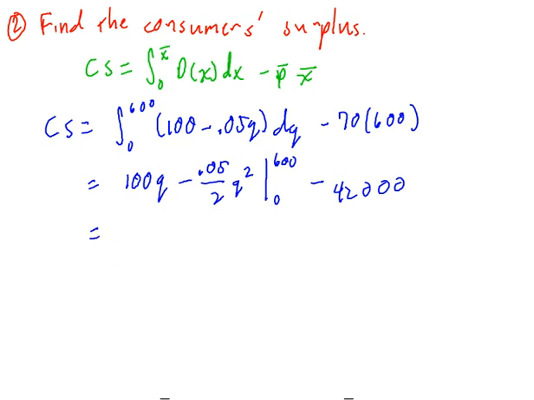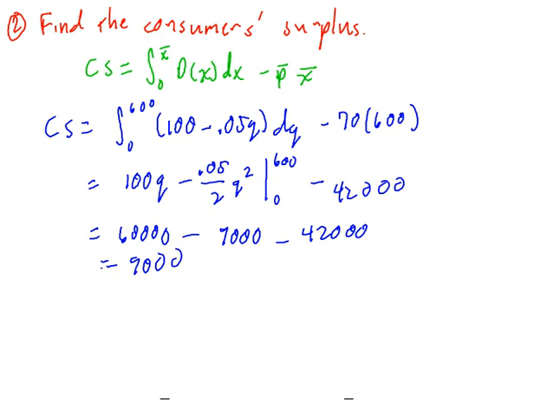So this gives us 60,000 minus 9,000 minus 42,000, and that gives us 9,000. So at market equilibrium, the consumer surplus in this case would be $9,000.